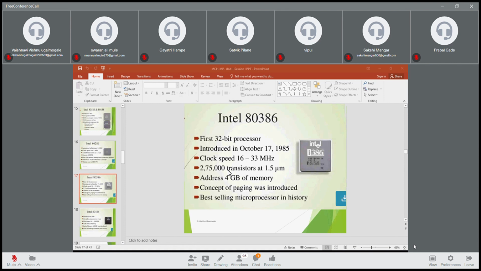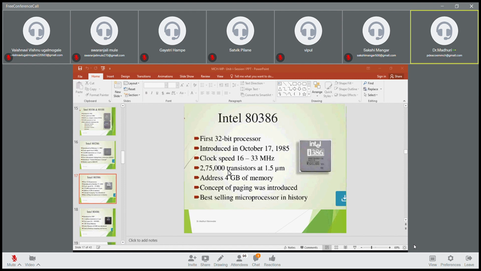Now the 386 processor is a 32-bit processor. A 32-bit processor means it has the capacity to accept 32-bit data on a data bus. It can transmit and receive data on that particular channel.